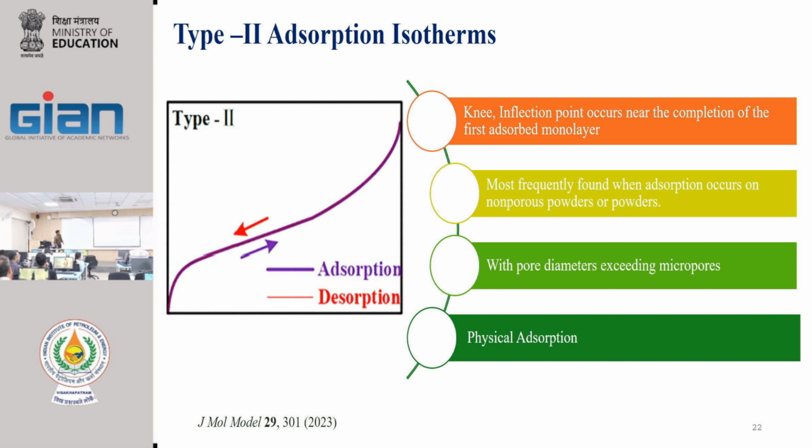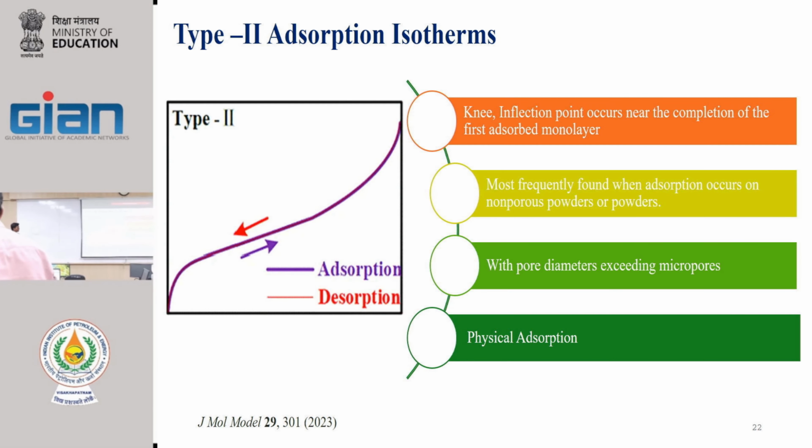Okay, so most likely this happens in non-porous powders. What you say is that there is a sharp uptake, so that's why it can be microporous, which we are referring to. When you say it's microporous, that means some pores are available inside, so it tries to fill everything here.